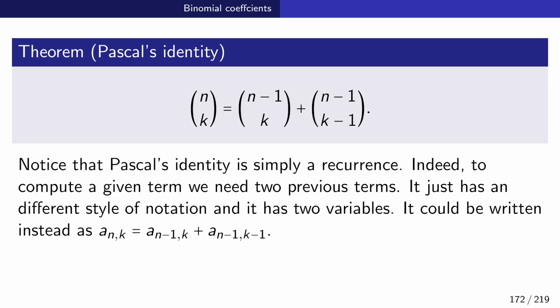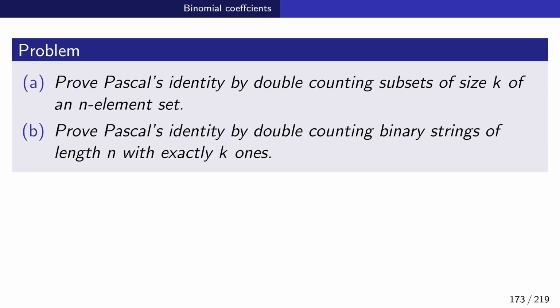But we can also have recurrences based around two variables, and Pascal's identity is one such example.